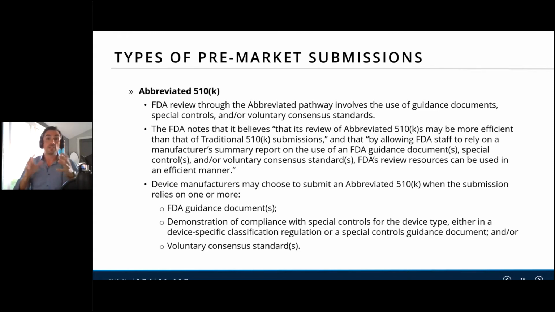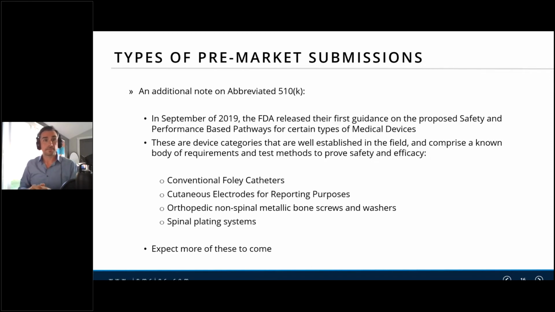So that is, the industry itself has created a consensus around the standard of requirements, testing, safety and efficacy data to be submitted for this category of product. And just to belabor this, because I do think this is going to comprise a significant number of total 510Ks. I think as time passes, the breakdown is going to favor abbreviated 510Ks.